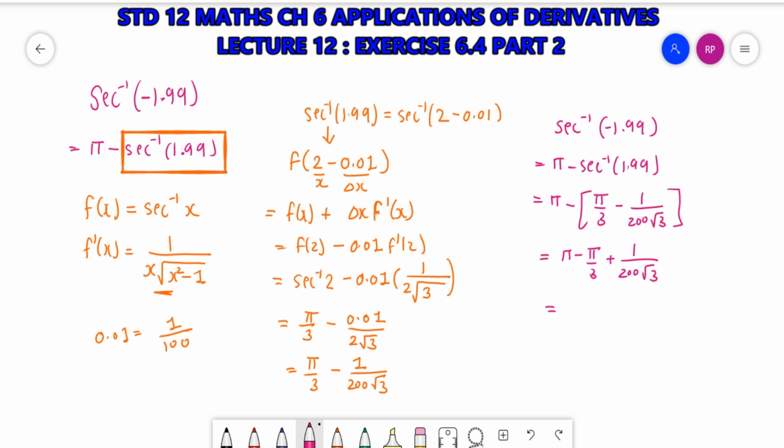So pi minus pi by 3 will be equal to 2 pi by 3. So 2 pi by 3 plus 1 upon 200 root 3. This is our answer. Clear? So sec inverse minus 1.99 is equal to 2 pi by 3 plus 1 by 200 root 3. Just note down this extra question.